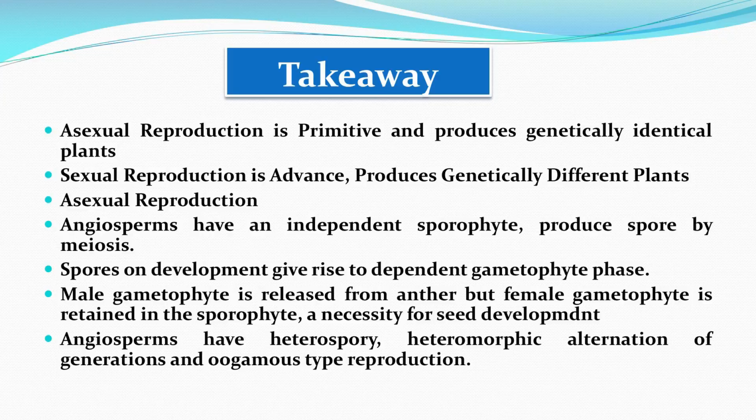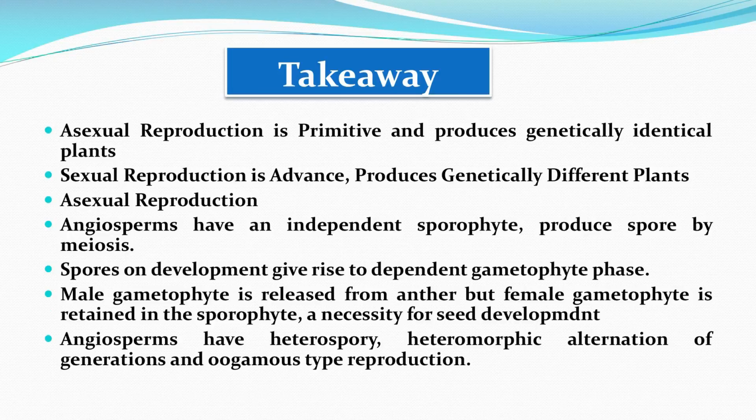Now, asexual reproduction produces genetically identical individuals. So, that is why it is commercially used by horticulturists for propagation of mango, cashew nut, guava and so many plants. And sexual reproduction produces genetically variant individuals, and it makes the plants evolutionarily more fit.